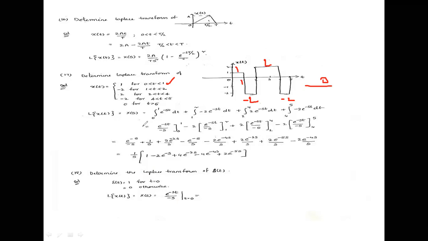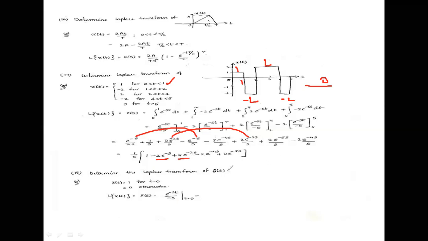For these two functions, we will get minus 2s, 2 into e power minus s. Okay. And another one is there, e power minus 2s by s, and here the minus 2 e power 2s by s. Totally it is 4 e power minus 2s.